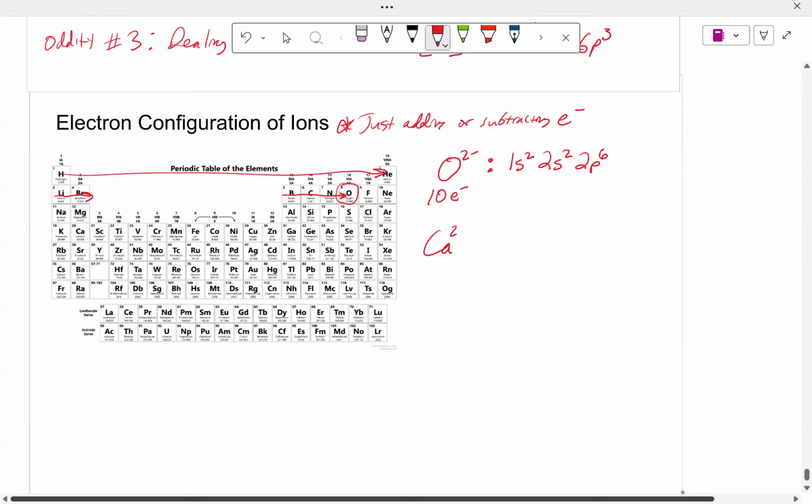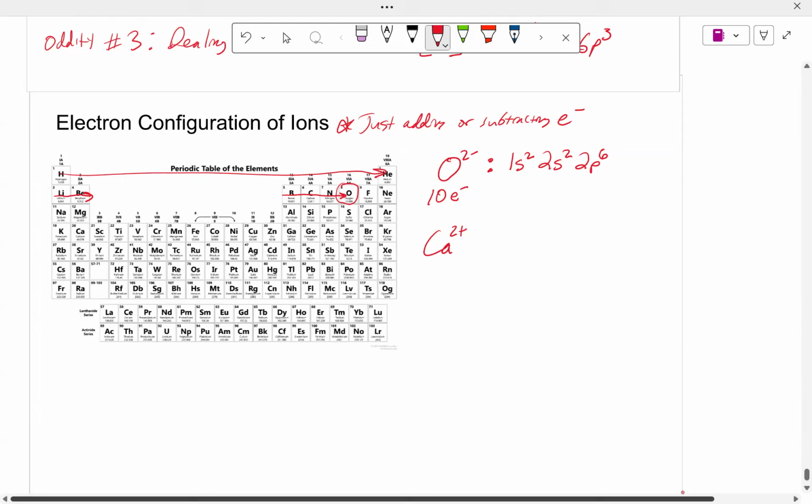Now let's look at calcium. When it's an ion, it almost always has a +2 charge. And think back, if something is negatively charged, it gained electrons. How does something become positively charged? It doesn't gain protons. Remember, we don't deal with adding or taking away protons. We only deal with adding or taking away electrons.